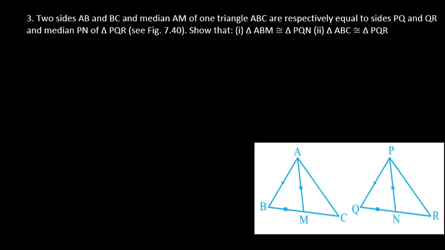So let us start. Okay, ABM and PQN, if you see in the diagram, you can show that they are congruent by side. Then to show ABC and PQR are congruent, what you can do, first, as you have shown that ABM and PQN are congruent, your angle B and your angle Q will be equal.